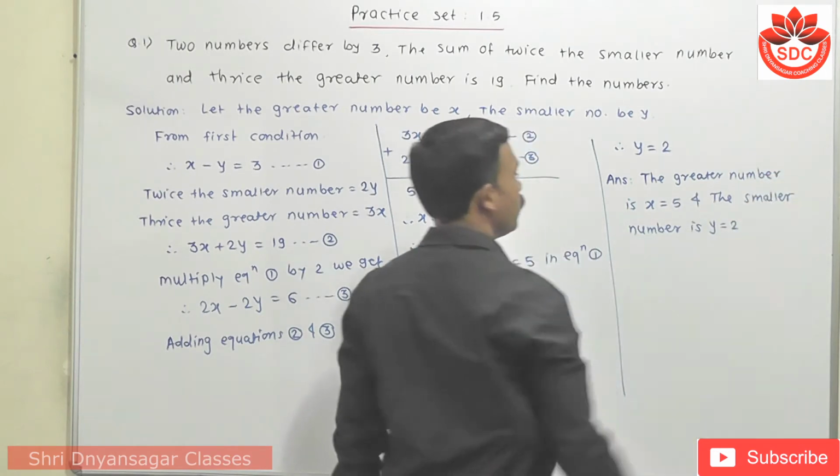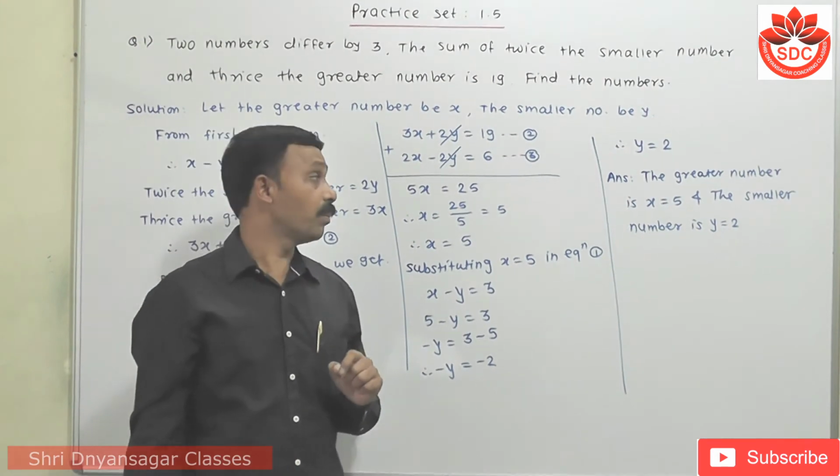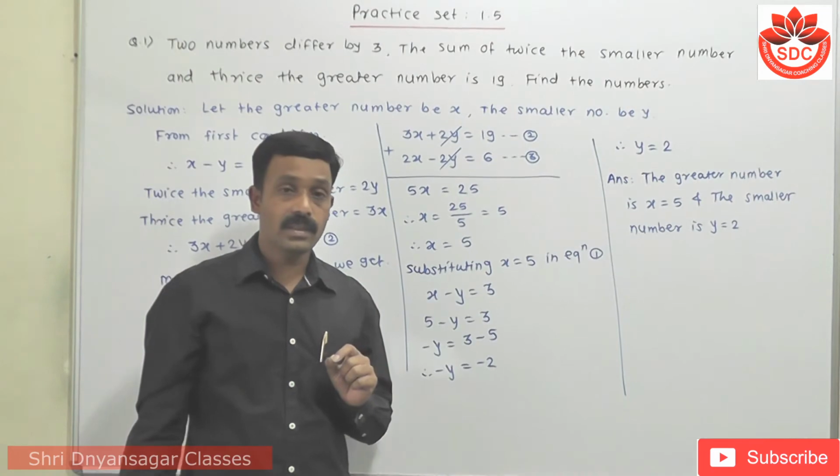This is the answer of the first question, which means the two numbers are 5 and 2. Can you understand this? Okay.